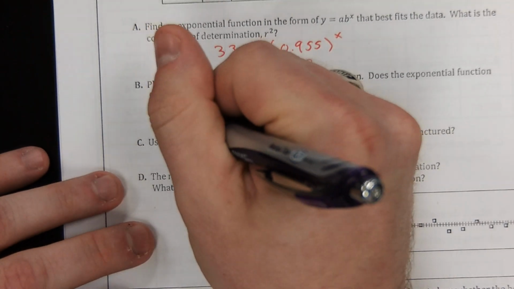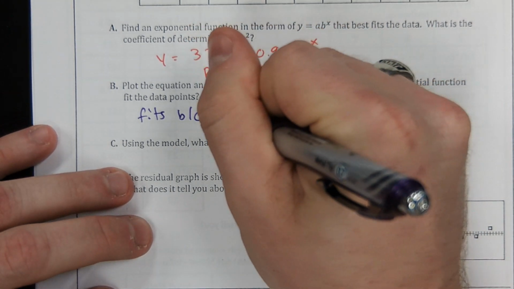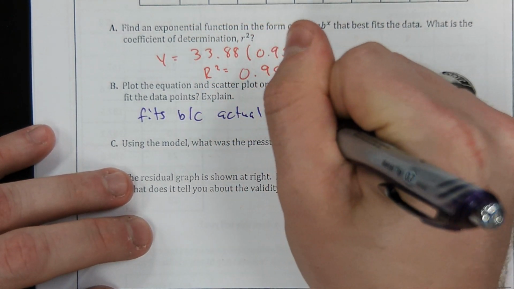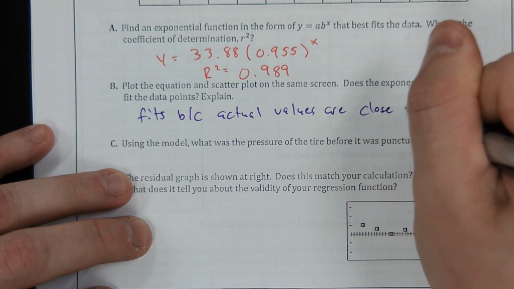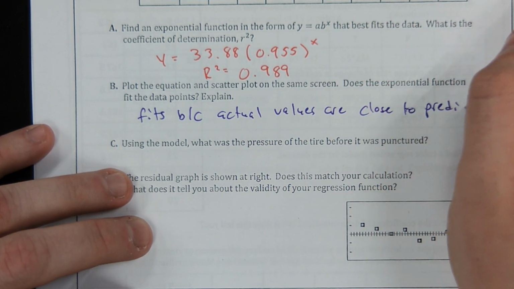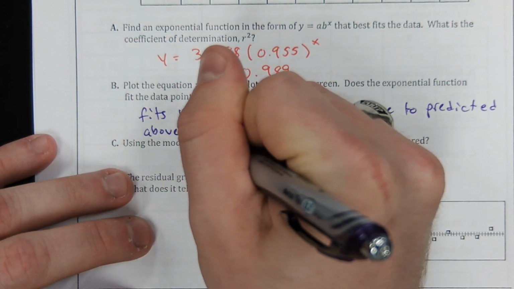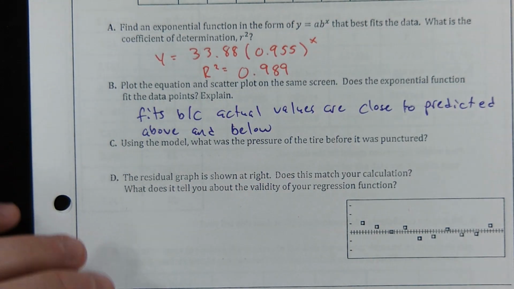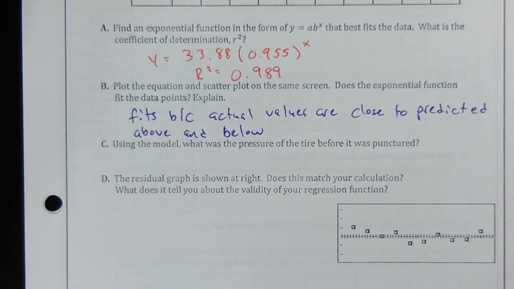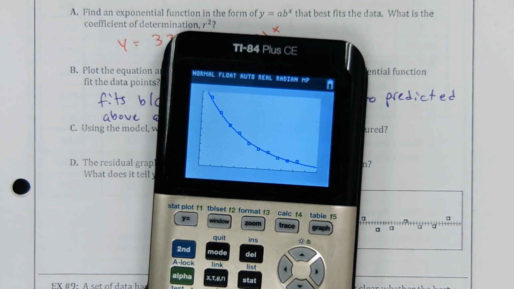I would say it fits because actual values are close to predicted, above and below. I mean, look at it. It's great. It's a fantastic model.